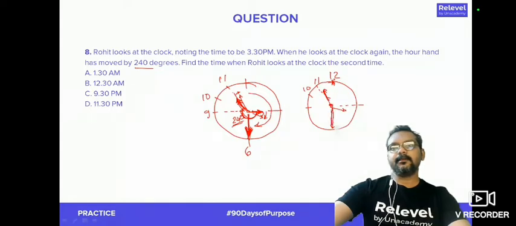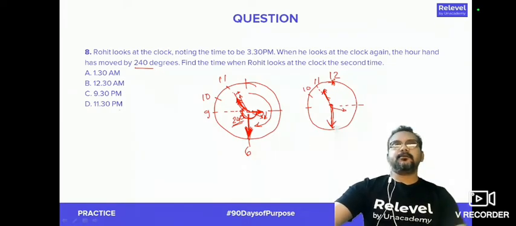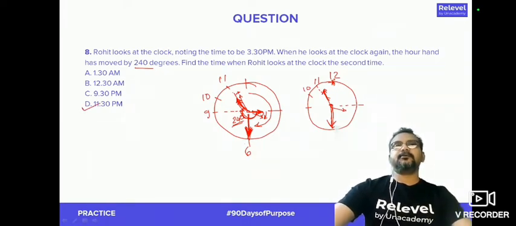And the minute hand is at the same position. Okay, but the time is still 11:30. So 8 will be option D.